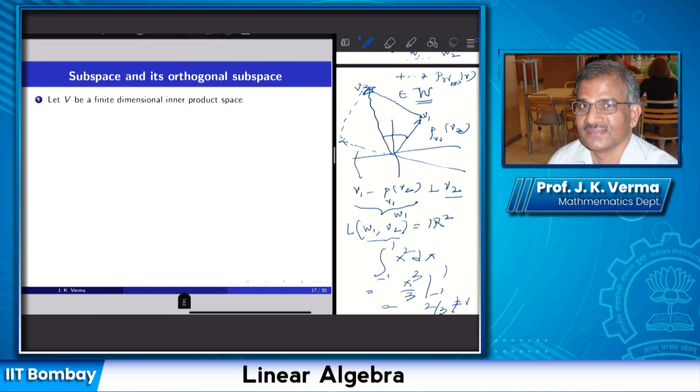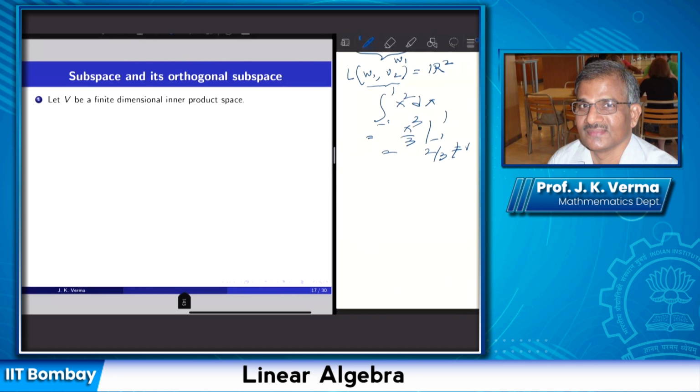Okay, now let us discuss the concept of orthogonal subspace, the orthogonal subspace of a subspace. We have come across this already. Suppose I have a plane in 3-dimensional space. The orthogonal subspace of this plane will be all vectors which are perpendicular to it.